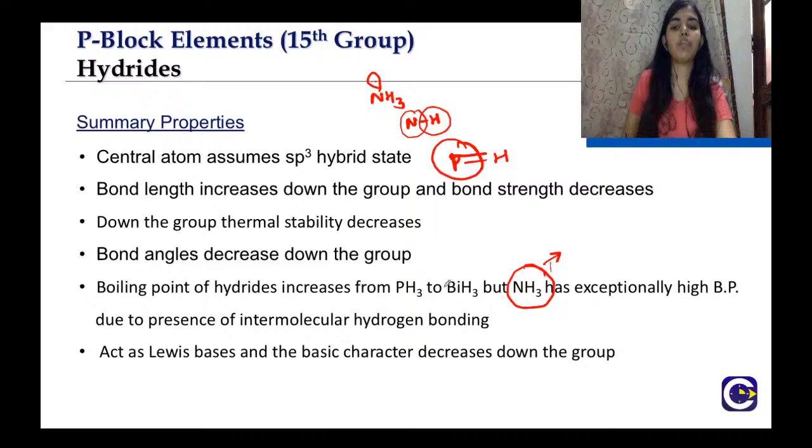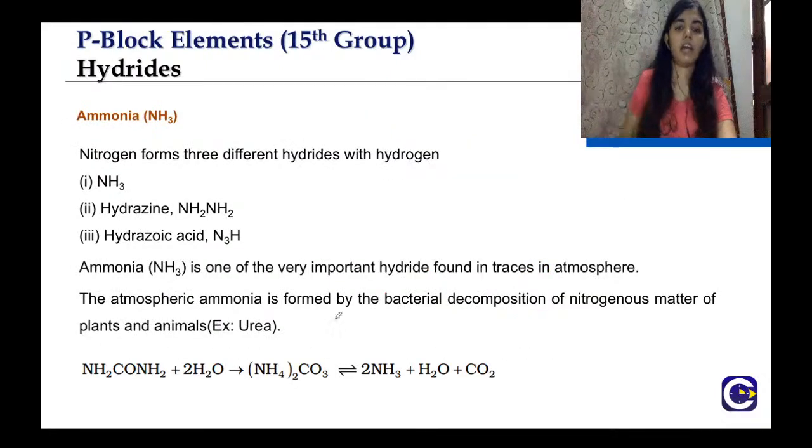For PH3 to BiH3 you can follow the trend that an increase in molecular mass gives an increase in boiling point. They act as Lewis bases, and the basic character decreases down the group. This we have also done, that the basic character decreases down the group because of the delocalization of the electrons. So we will discuss the hydrides one by one.